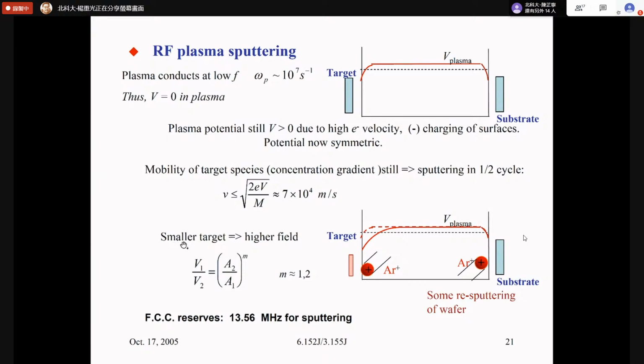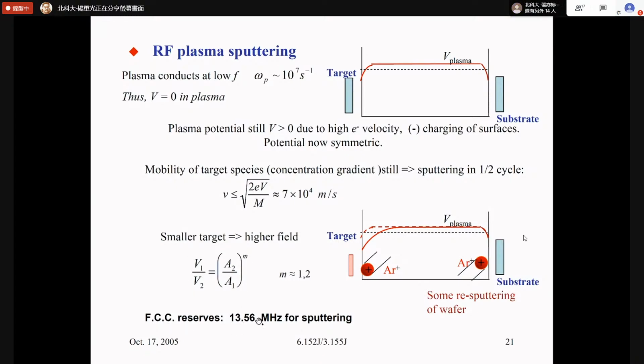So we talk about that, the smaller target, you found that the field become higher. Okay, the area, the smaller target here, and higher field. Because this is inversely proportional.